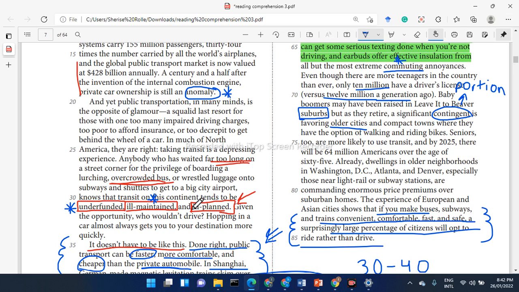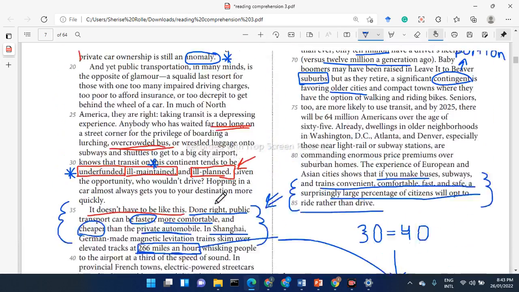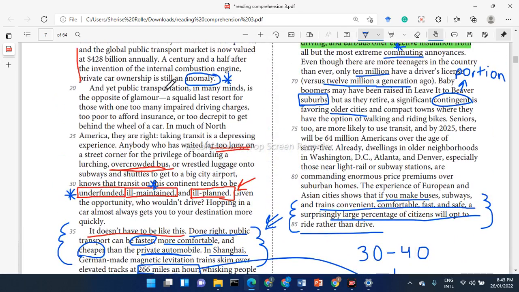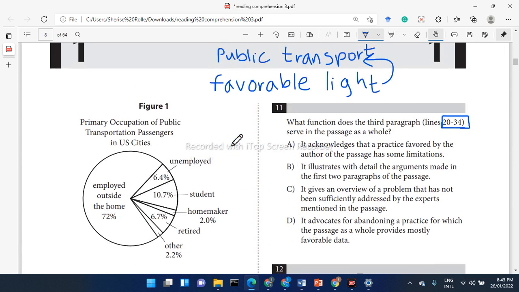He points out the problems of the thing he actually favors. Yet public transportation in many minds is what? The opposite of glamour. So he is pointing out, listen carefully, he is acknowledging that a practice favored, so listen, he favors this practice, doesn't he?